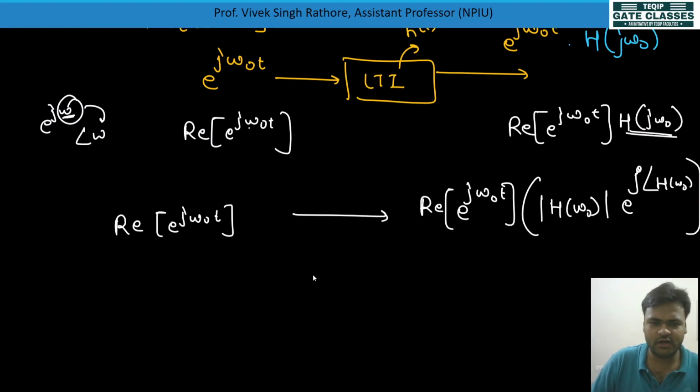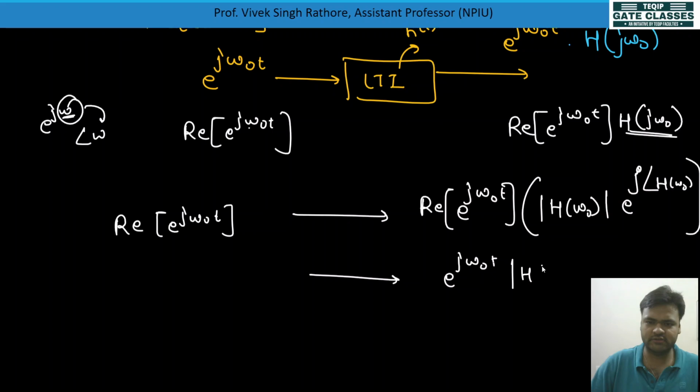Ultimately, we can also write it as e to the power j omega naught t. Let's suppose mod of h omega naught is the magnitude, and the phase will be e to the power j of the phase of h omega naught.